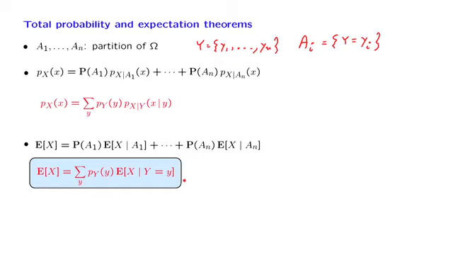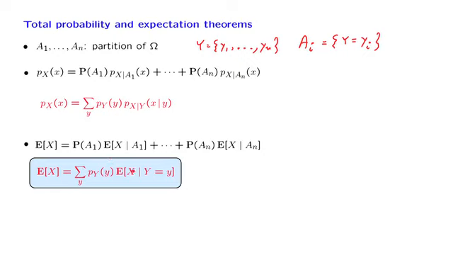At this point, I have to add a comment of a more mathematical flavor. We have been talking about a partition of the sample space into finitely many scenarios. But if y takes on values in a discrete but infinite set, for example, if y can take on any integer value, the argument that we have given is not quite complete.